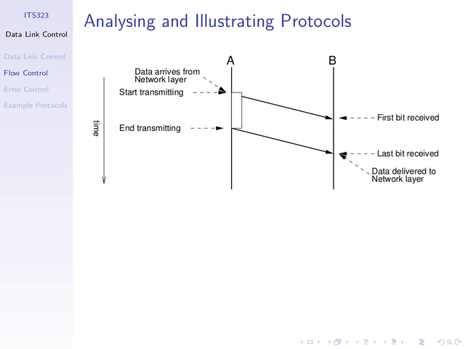So this type of diagram we'll see in a number of cases when we try to describe how protocols work, because it shows the timing of how things work, or the timing of the operations, the time of transmission, the time of propagation. We could also show the time of processing and queuing delay.